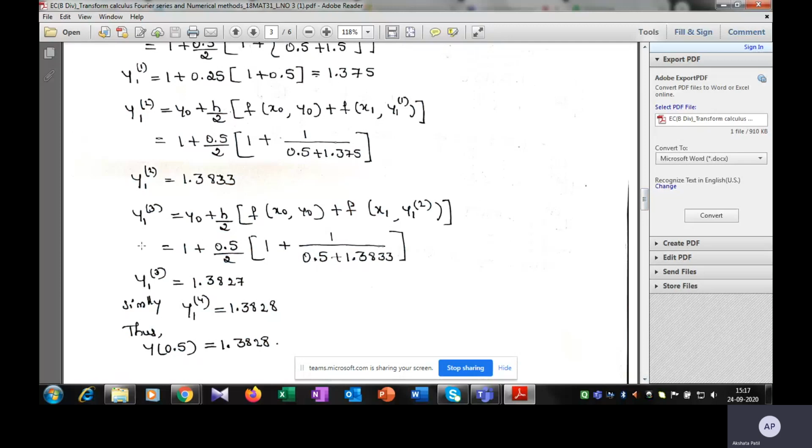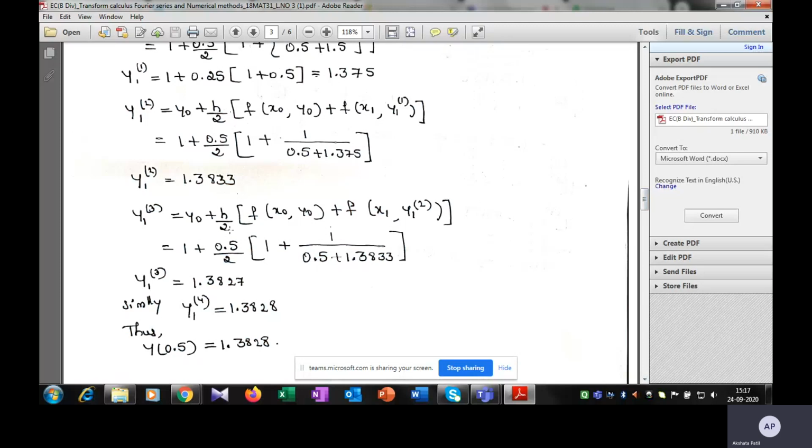So y1 of third approximation is equal to y0 plus h by 2 into f of x0 comma y0 plus f of x1 comma y1 of second approximation. The y0 value is 1, h is 0.5 divided by 2. f of x0 comma y0 we already calculated above, that value is 1, plus f of x1 comma y1 of second approximation.